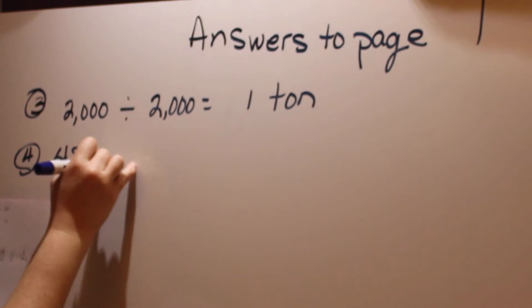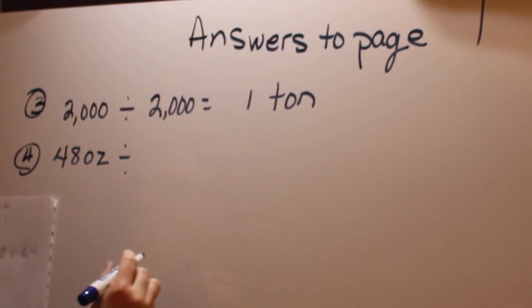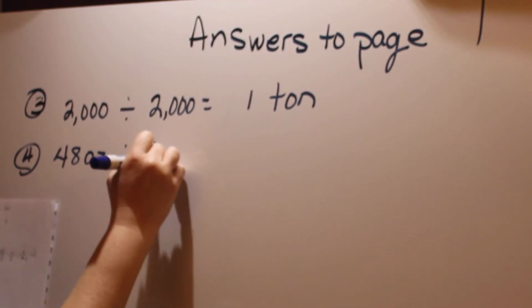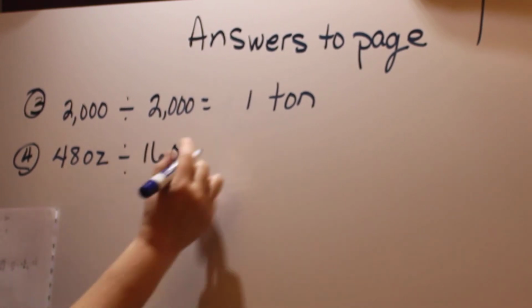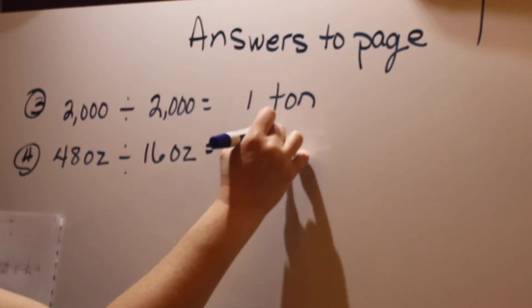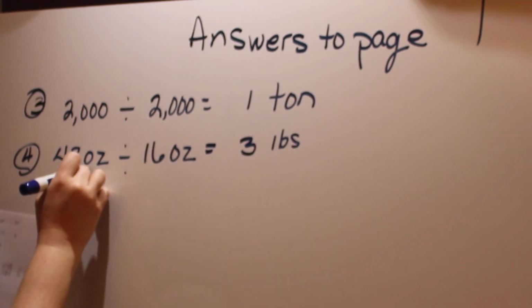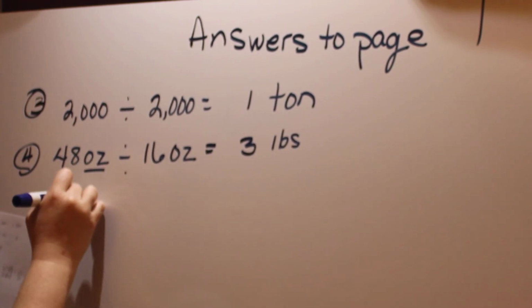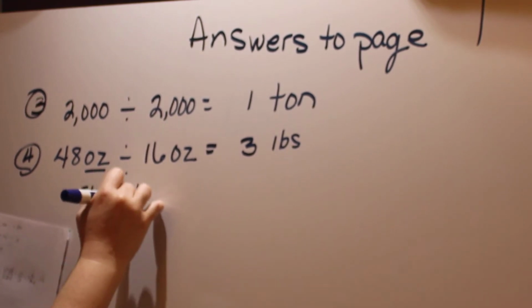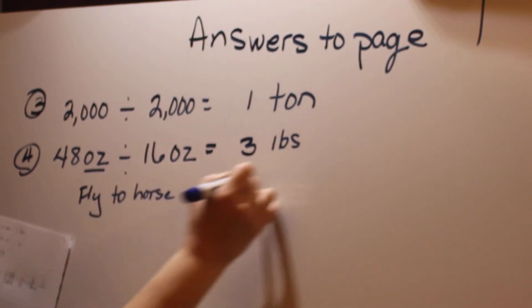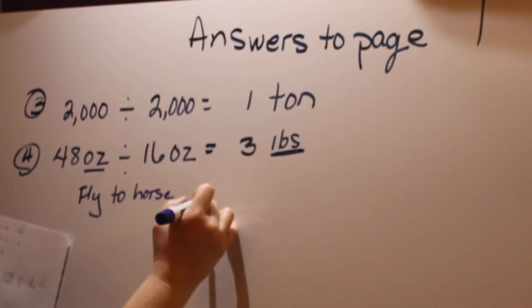48 ounces divided by 16 ounces, because you're going from ounces to pounds. So remember, ounce is smaller, so that's our little fly to horse. Your pound here is your horse.